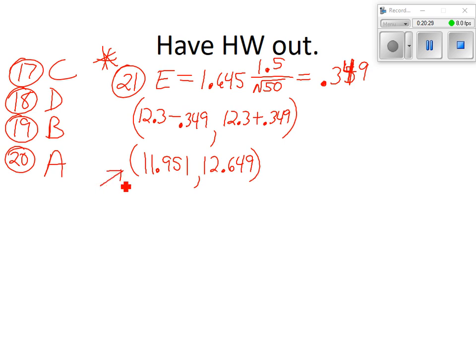What that's telling us, what was our C again? 0.90.